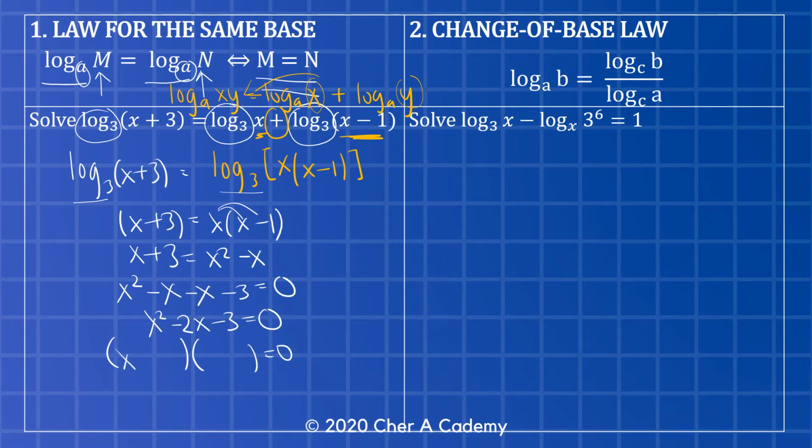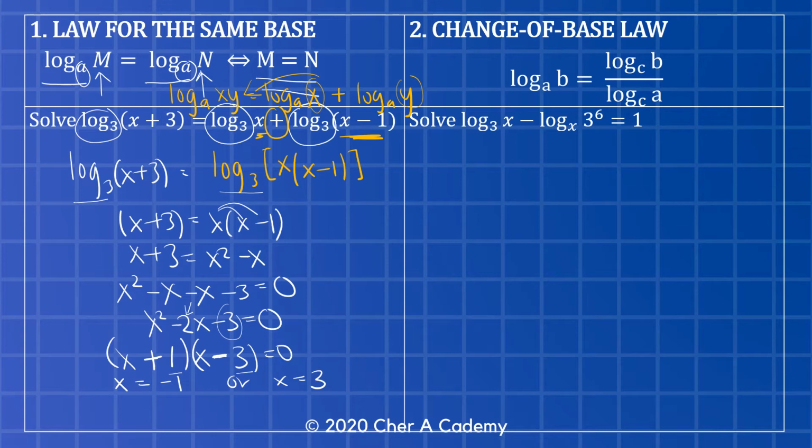So x times x to give me x squared. 3 can be factorized to 1 and 3. I'm going to put the minus sign at 3 and the plus sign at 1 so that it can give me negative 2x here. So my x equals negative 1 or my x equals 3.